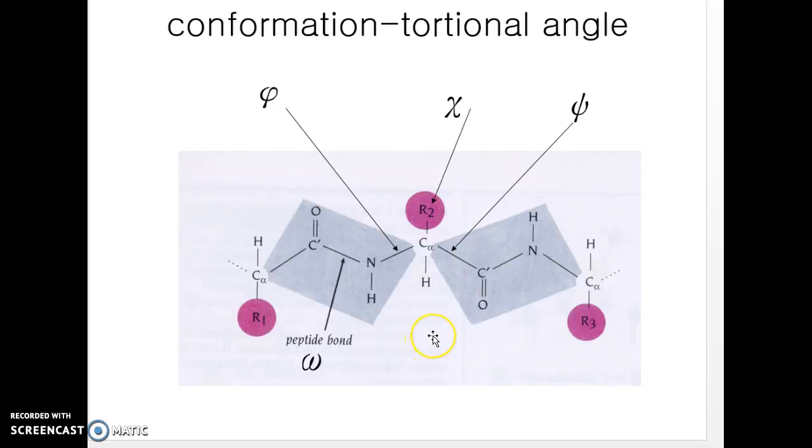Proteins, each individual protein also could adopt so diverse three-dimensional structures.